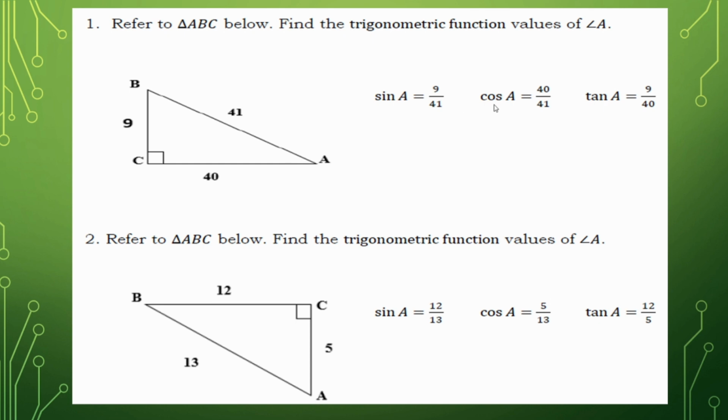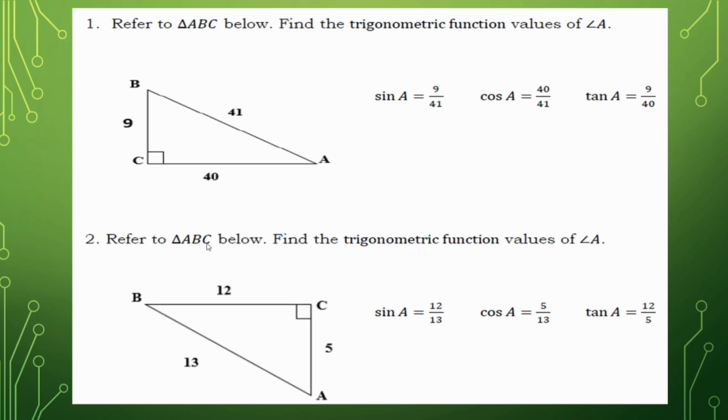CAH, adjacent over hypotenuse, is 40 over 41. For the tangent, which is TOA, tangent A is equal to 9 over 40. If the given can be reduced, we extract the lowest term, but in this case, this is already the lowest term.